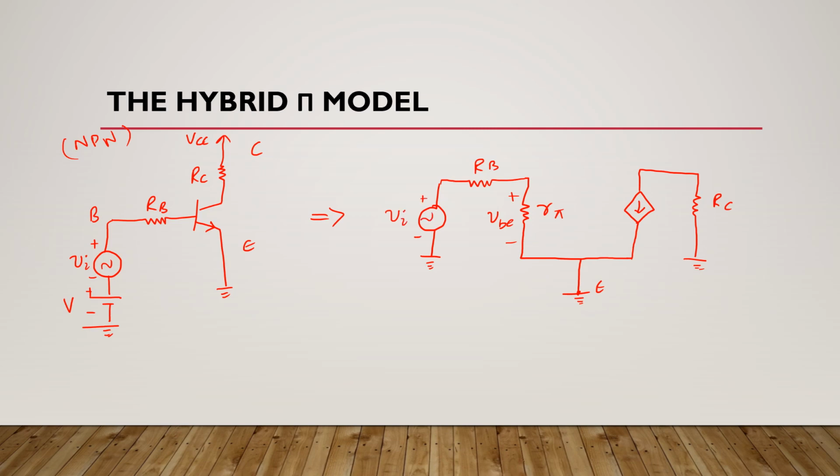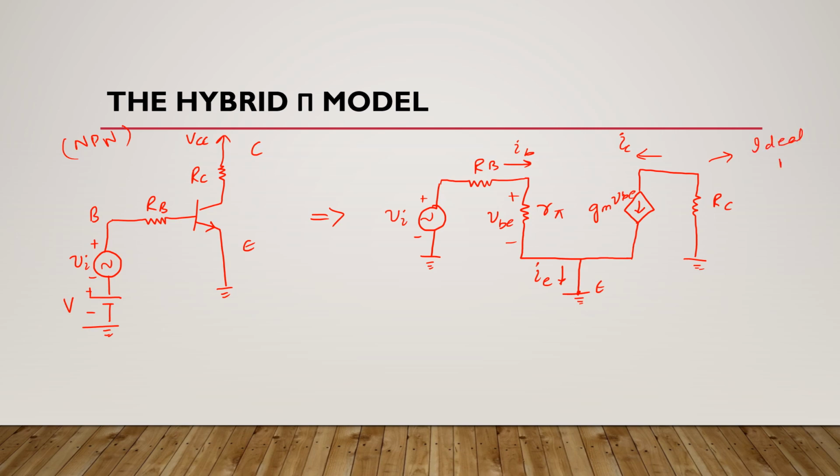This is gmVBE. Here we have IC, and here we have IB. This IE is flowing like this.